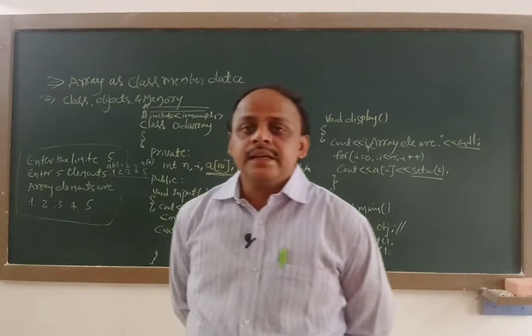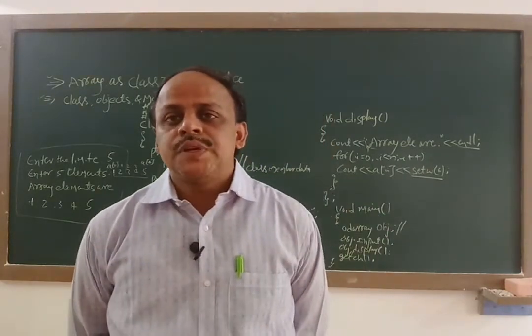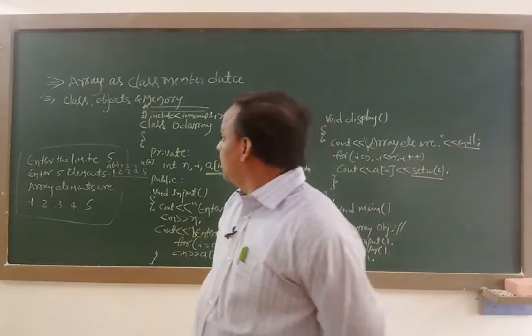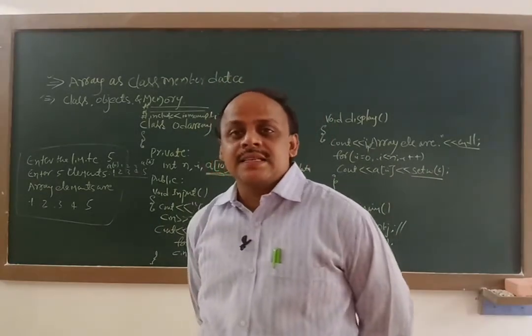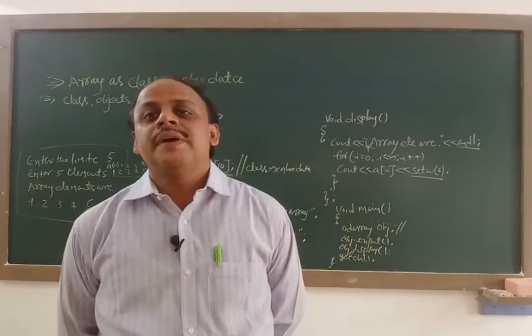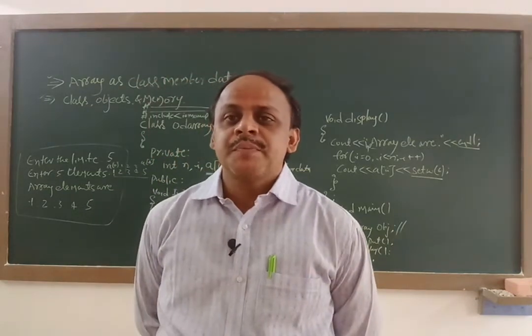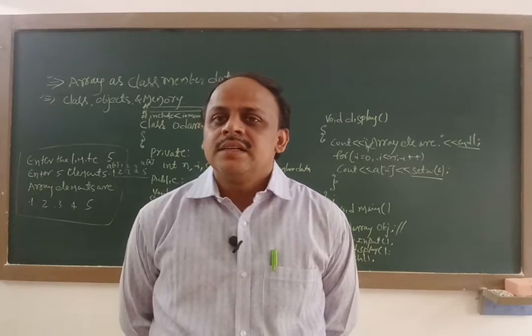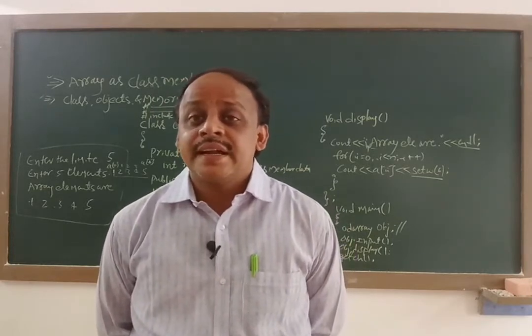Now the next heading is class, objects and memory. Second heading, class objects and memory. We already know what a class is, what an object is, and what memory is. What is a class? A class is one of the user defined data types.